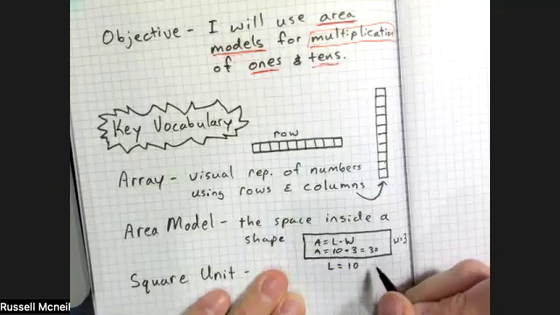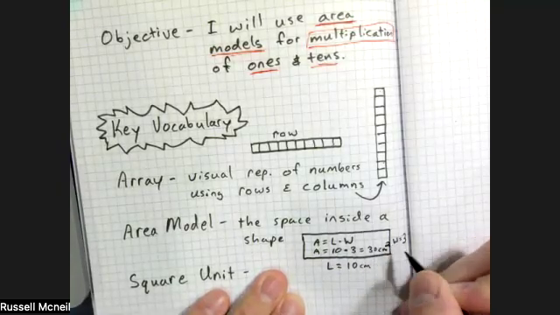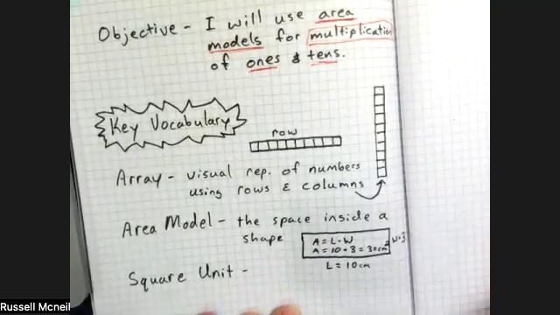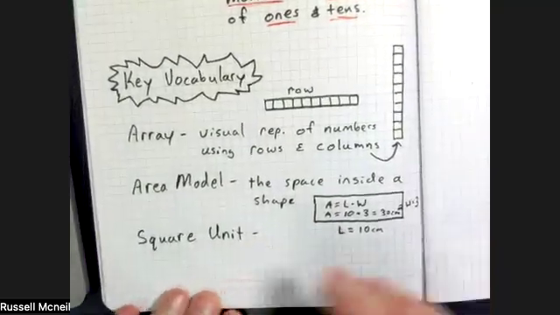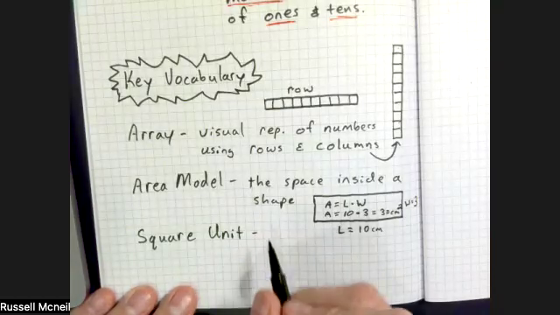Let's call this centimeters. We do cm squared. A square unit is how we label an answer when we're looking for the area.